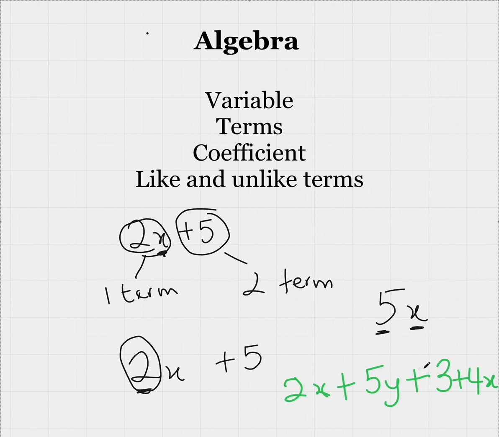We have 2x here, we have 4x here. So it means they look similar because they have the same x. So you can put that together and that gives you 6x plus 5y plus 3. Obviously, 5y doesn't look the same as 3, so you're going to have to keep it as it is.